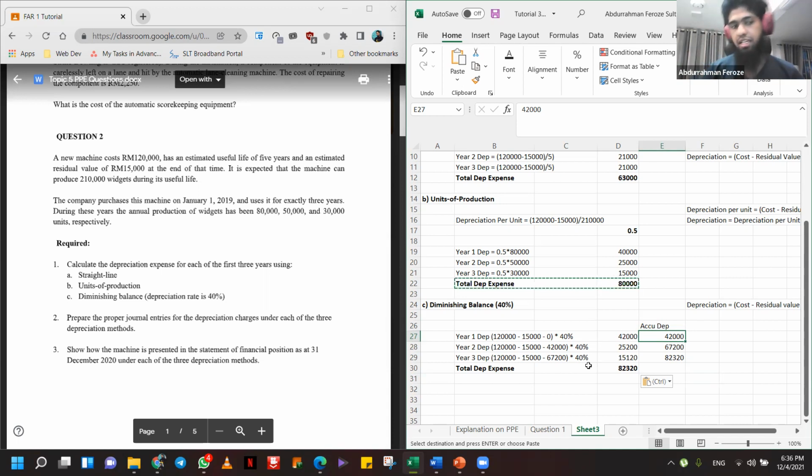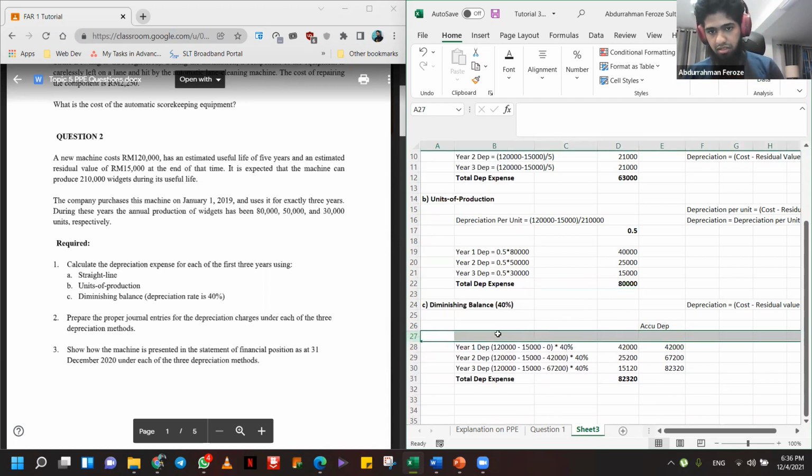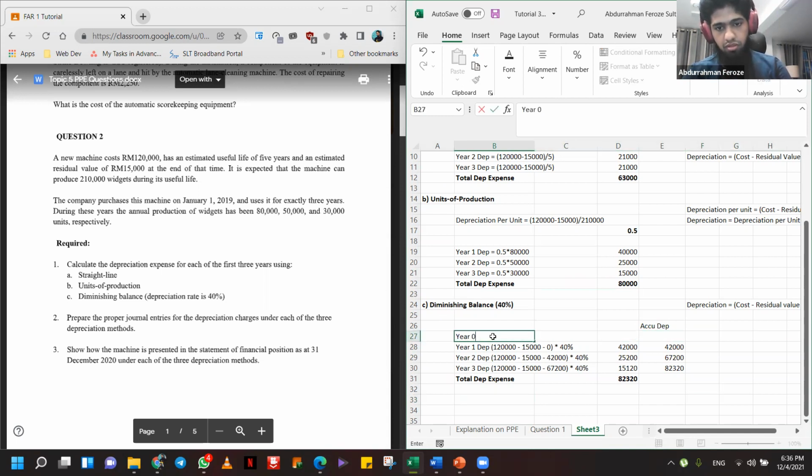At the beginning, at year 0, the accumulated depreciation is 0, and the depreciation expense is 0.